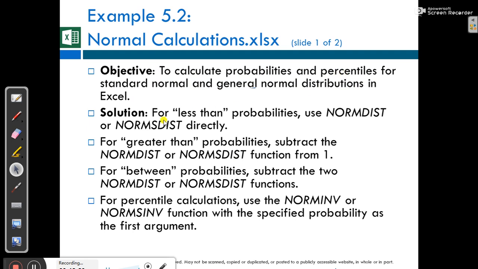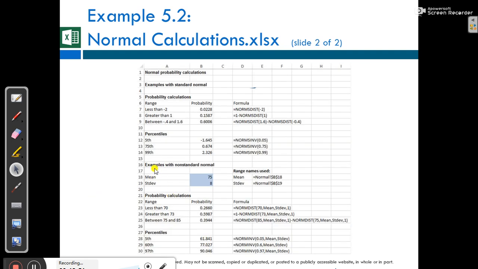For less-than probabilities, use NORM.DIST directly. For greater-than probabilities, subtract the NORM.DIST result from 1. For percentile calculation, use NORM.INV. Try to use this.